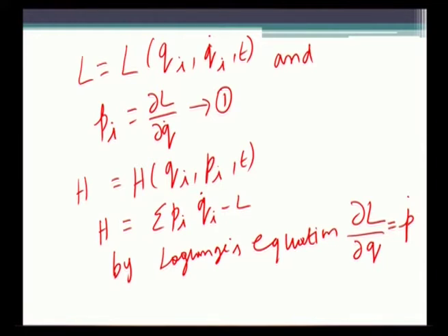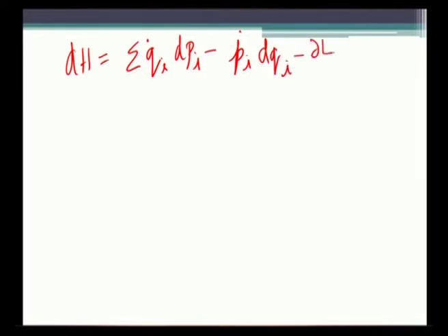Now, go to the variation of the Hamiltonian dH. The variation of the Hamiltonian dH is equal to summation of q dot i into dpi minus p dot i into dqi minus dou L by dou t into dt.